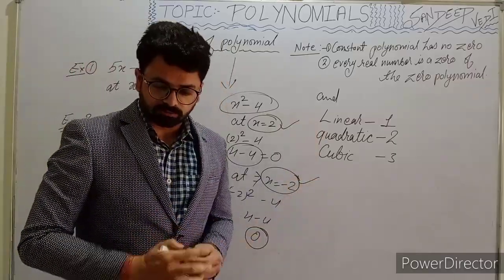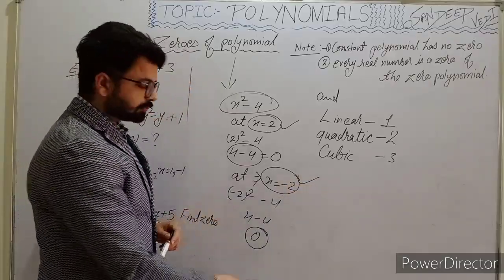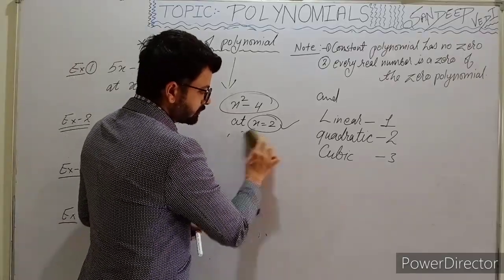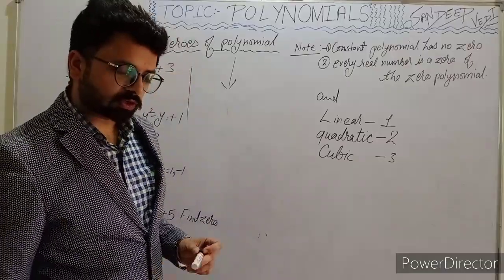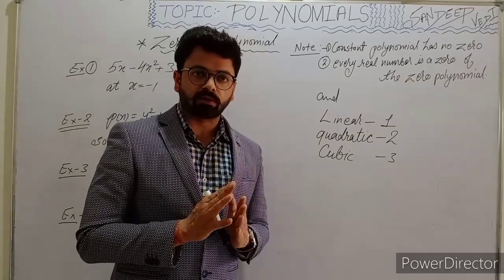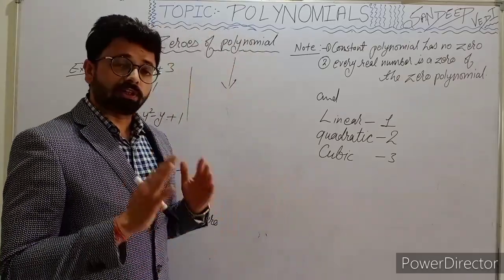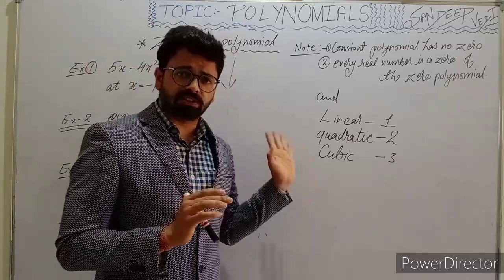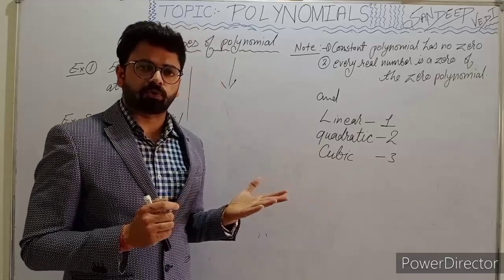So the definition of a zero of the polynomial, you guys write down by yourself in your notebook. I told you just now: the value of the variable at which the polynomial becomes 0. Without a copy and pen, don't watch this video. This is not a movie or any drama going on in front of you.